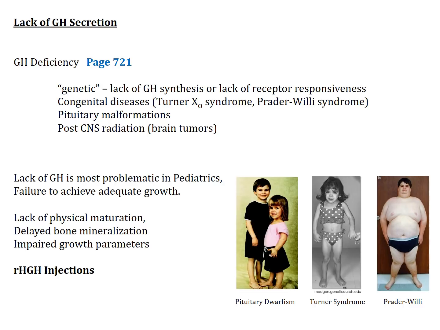Different malformations of the pituitary gland may lead to a lack of growth hormone. And an individual who loses their pituitary gland for whatever reason, a tumor, radiation, trauma. Again, if you do something bad to the pituitary gland, you can lose growth hormone. And this becomes very problematic in pediatrics because you want kids to grow, right? You want them to become physically mature.